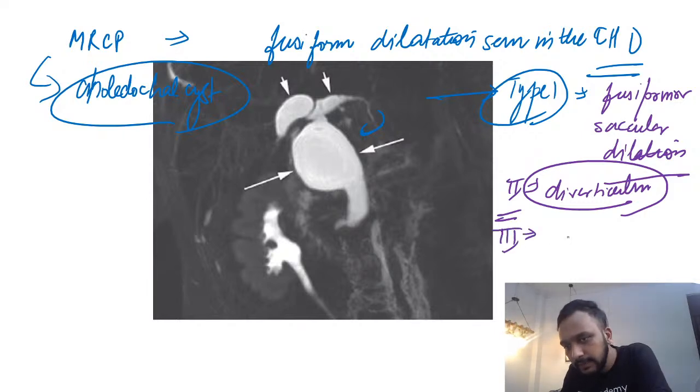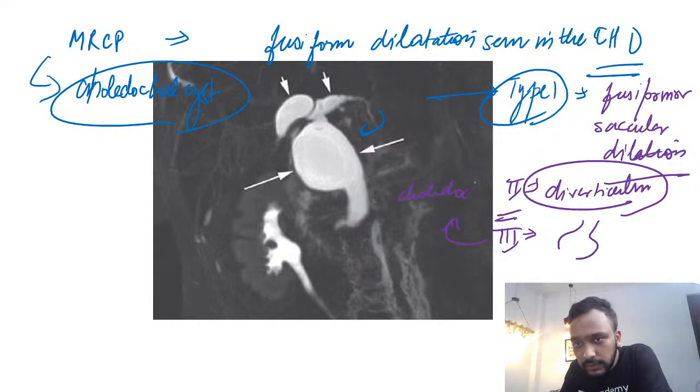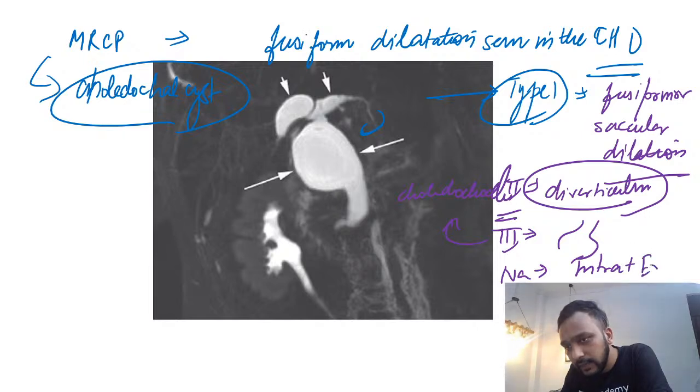In type 3 guys, we are going to see dilatation of only the distal part, and this is known as choledochocele. In type 4a, we are going to see dilatation of both the intra as well as extrahepatic bile duct.